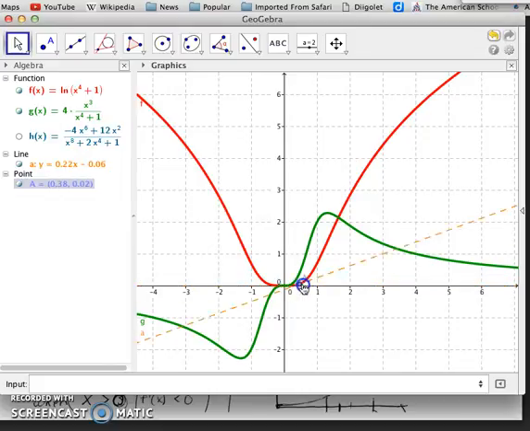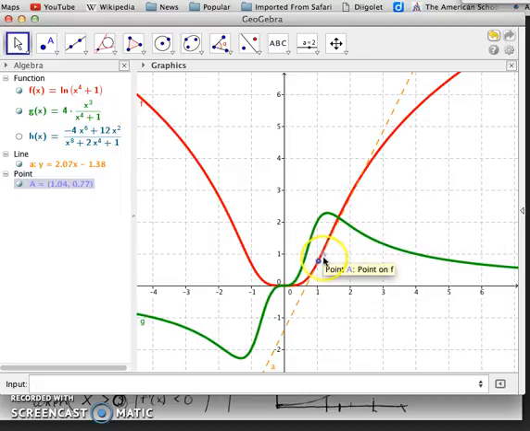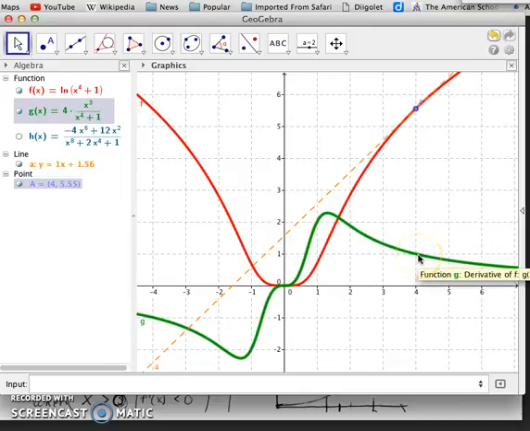So when I go here, when x is 1, you can see that my slope is 2.07 on the green, which is the slope. If I keep going, say when x is 4, remember the green graph is my derivative function. Looks like my slope, wow, is 1. That's interesting. And there's the 1 there.